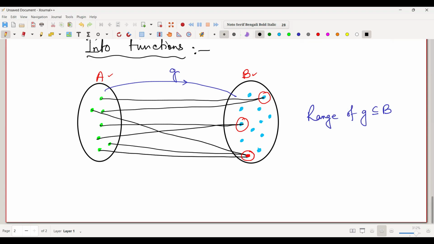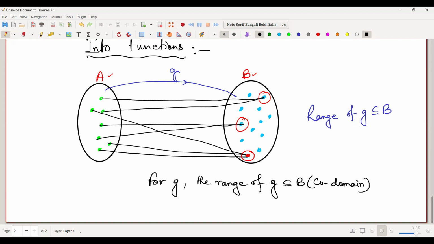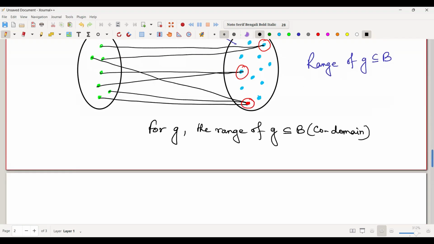Why? Because in this function G, the range of G is a subset of B, that is the codomain. This is called an into function. So the definition is very straightforward.